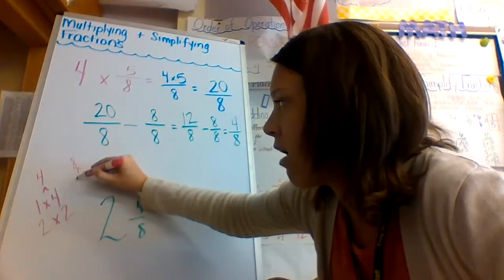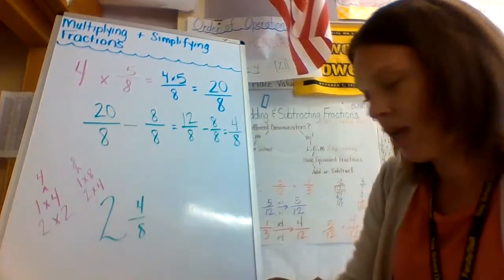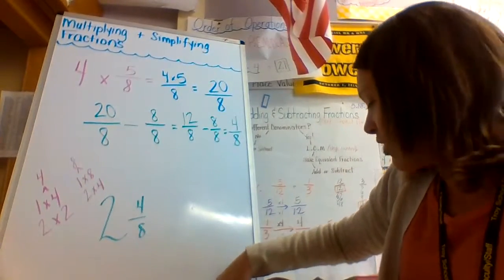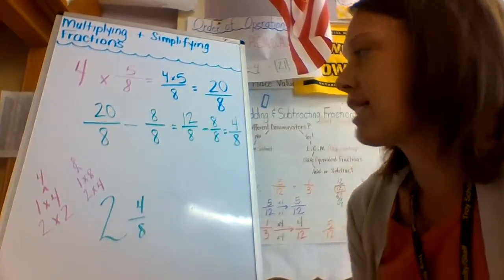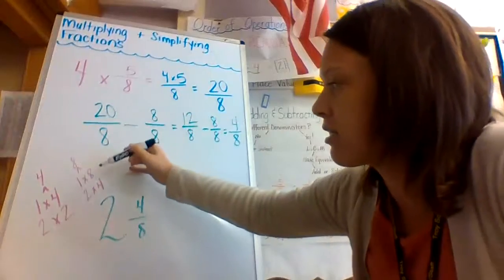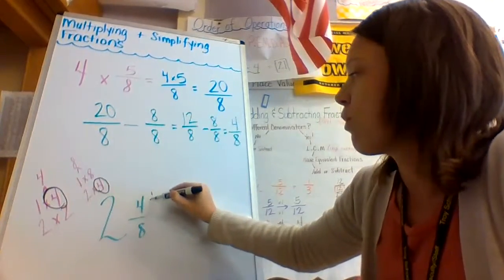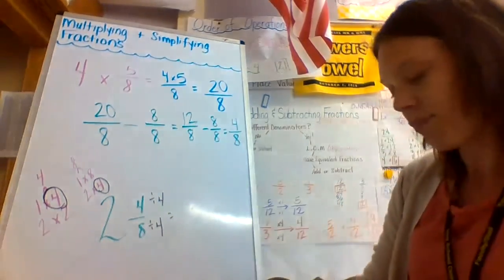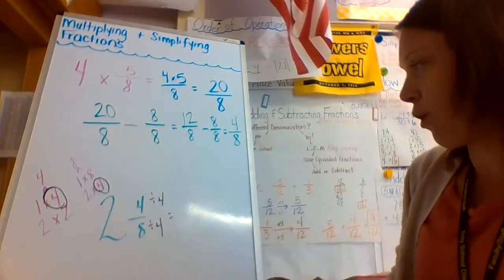My factors of 8 are 1 times 8 and 2 times 4. I'm looking for the greatest common factor. Which number that's the greatest in value is in common in both of these lists? Well, that answer would be 4. So 4 divided by 4 and 8 divided by 4.